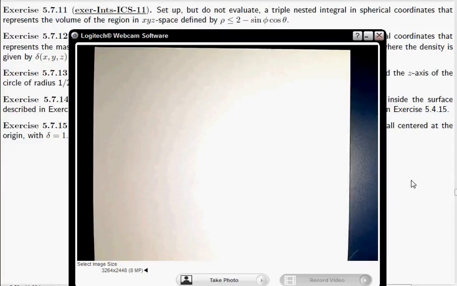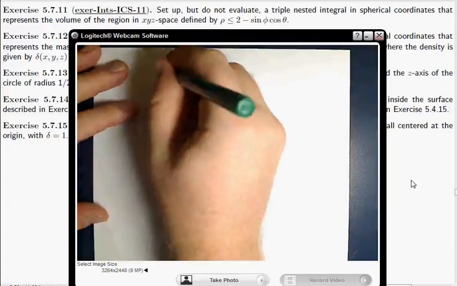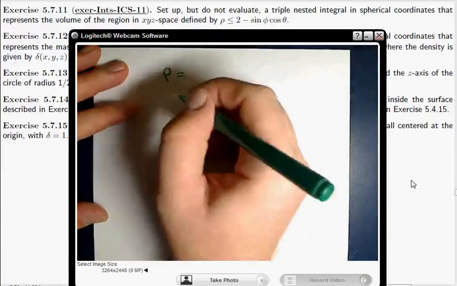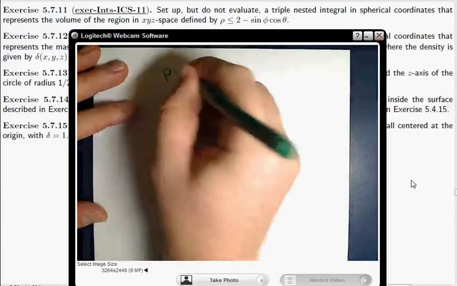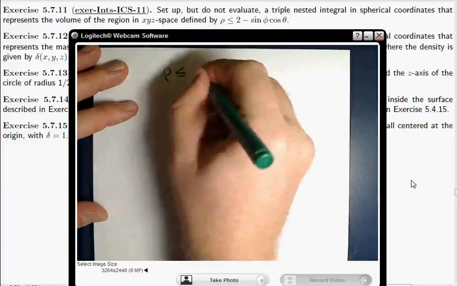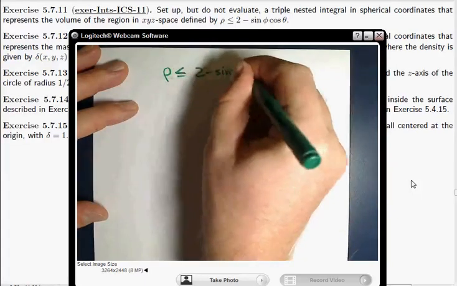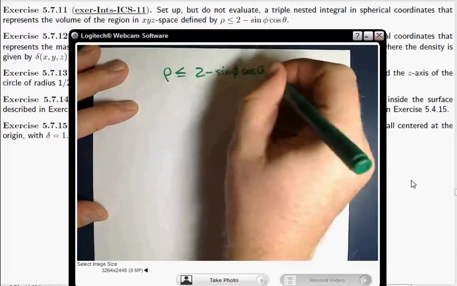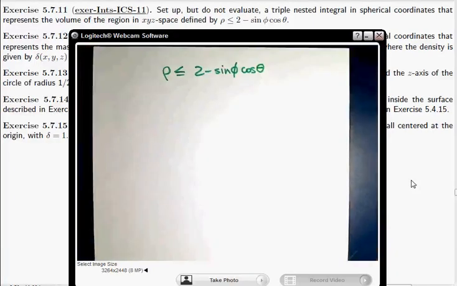Right? So what's important to notice about this, look at our equation. So we have rho less than or equal, pardon me, to 2 minus sine phi cosine theta. Well, you could rewrite this in terms of x's and y's.